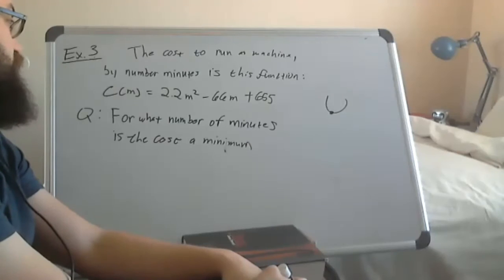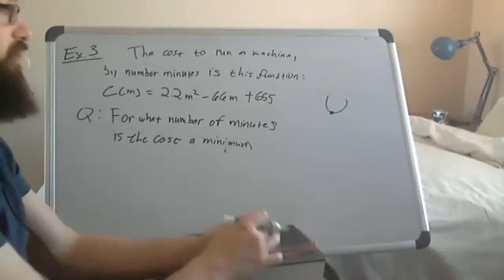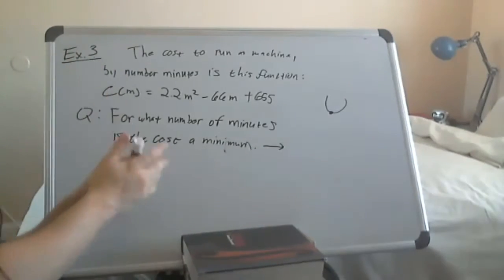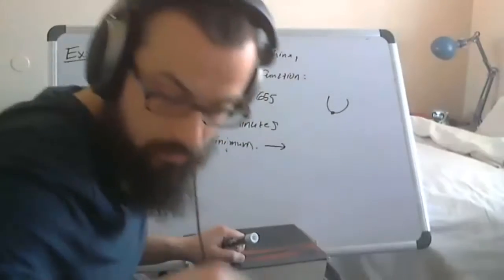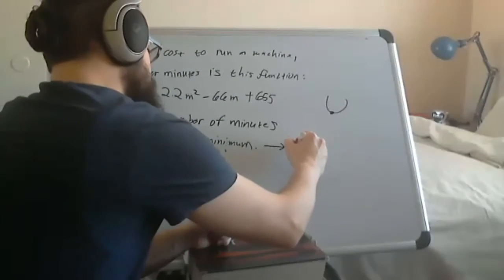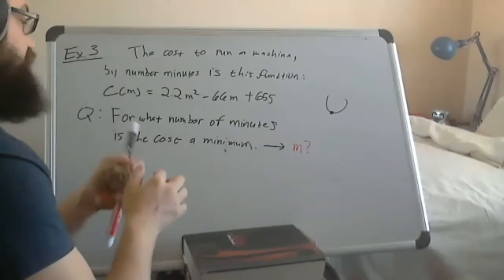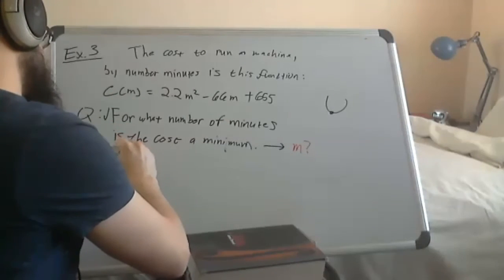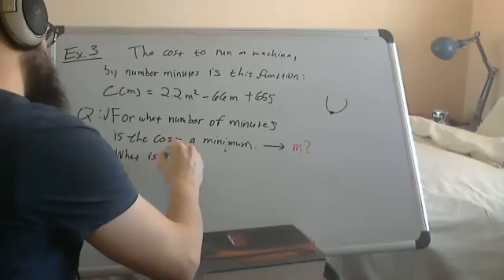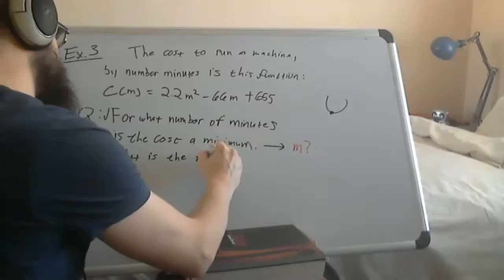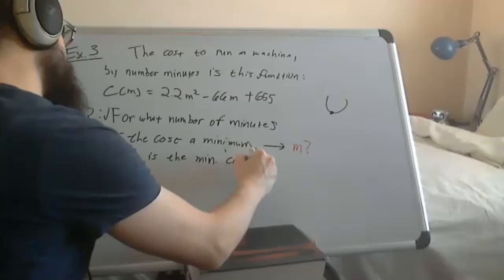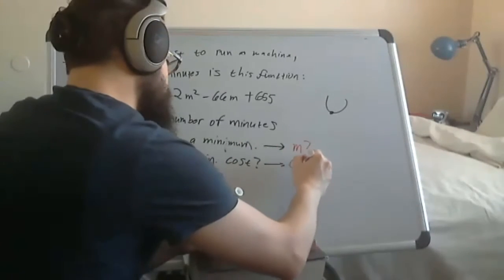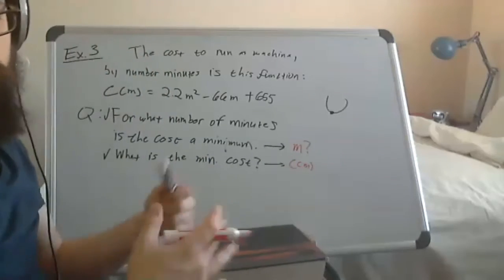So the question is, what is m? And then we're also going to look for the minimum cost. What is this fantastical minimum cost? That's C of m, or y.